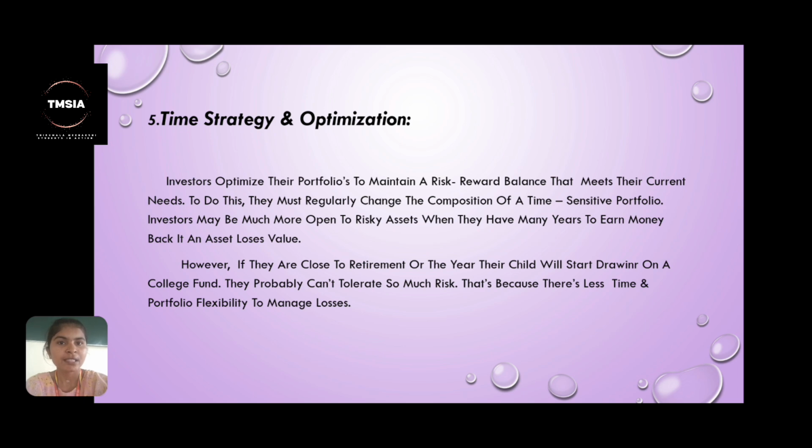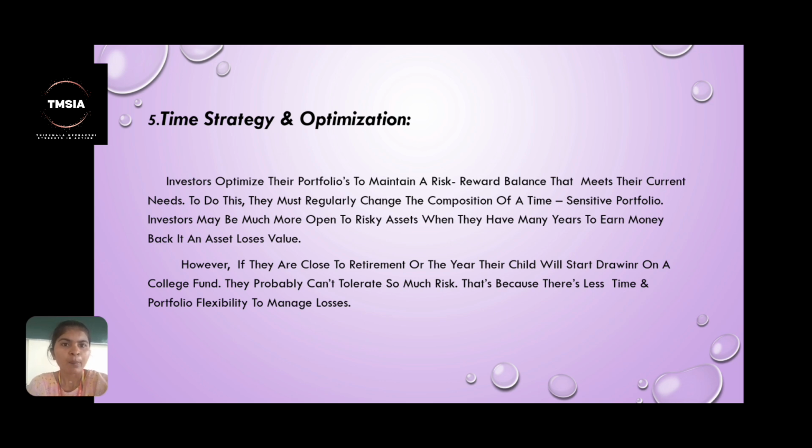Fifth strategy, time strategy and optimization. Investors optimize their portfolios to maintain a risk reward balance that meets their current needs. To do this, they must regularly change the composition of a time sensitive portfolio.